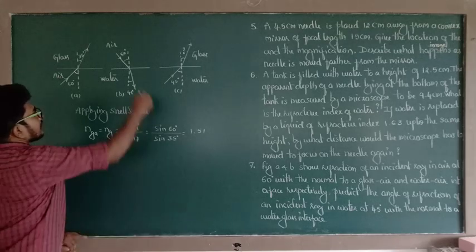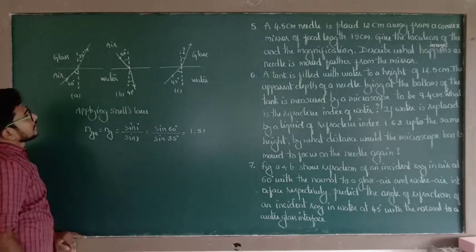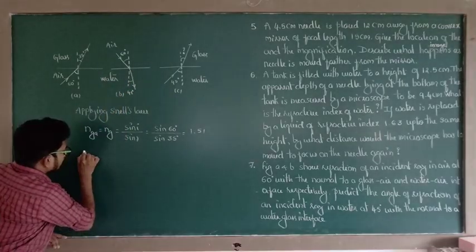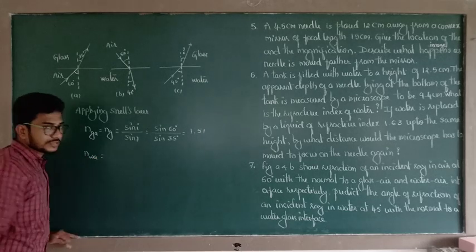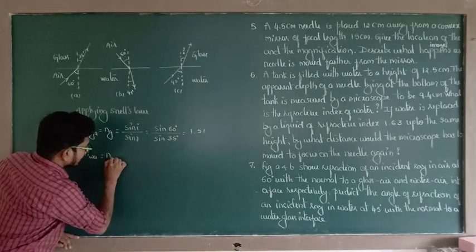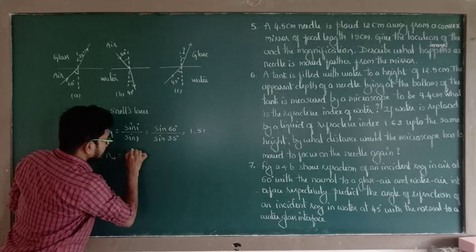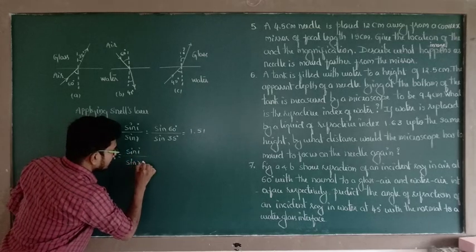Similarly, in the second diagram, here the change in path of light occurs in water. Therefore, the refractive index of water with respect to air, the absolute refractive index of water, we can write as Nw, equal to sin i divided by sin r.